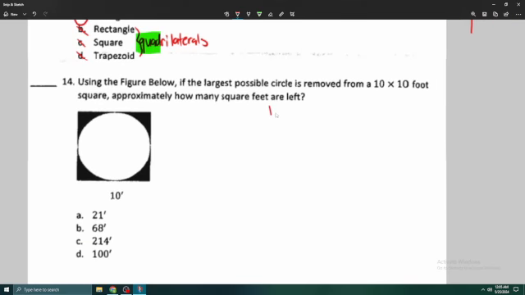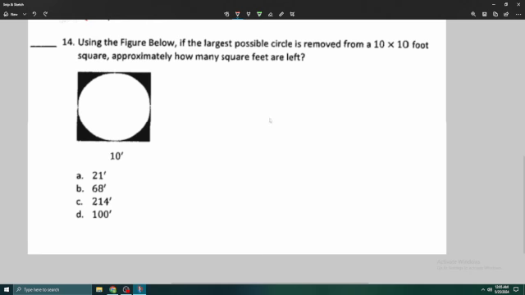So number 14 looks pretty challenging. Using the figure below, if the largest possible circle is removed from a 10 by 10 foot square, approximately how many square feet are left? I get the feeling this is going to be an area problem. My main hint is square feet.